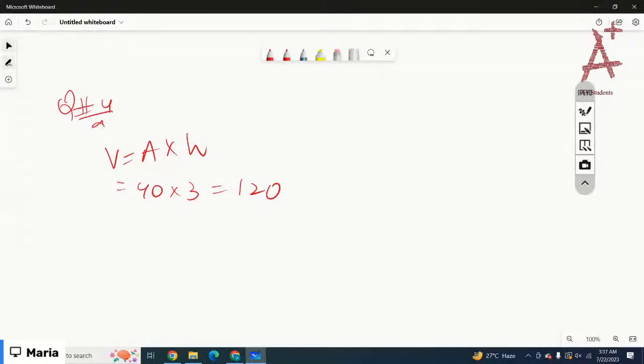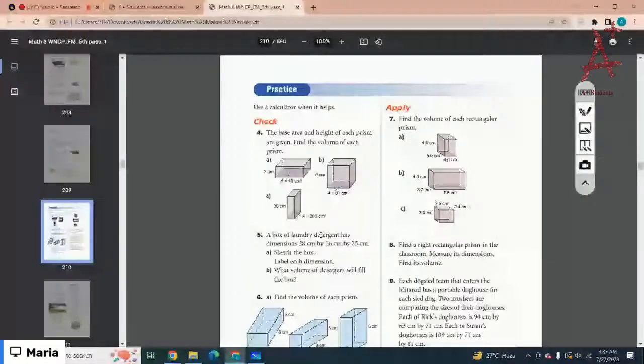Okay, let's see question number 5. A box of laundry detergent has dimensions 28 centimeter by 16 centimeter by 25 centimeter. Sketch the box, label each dimension. What volume of detergent would fill the box?